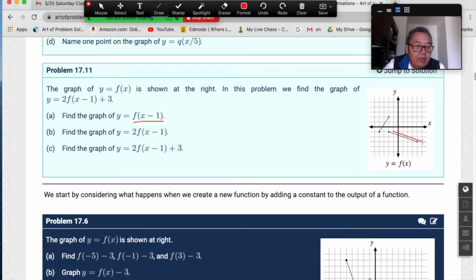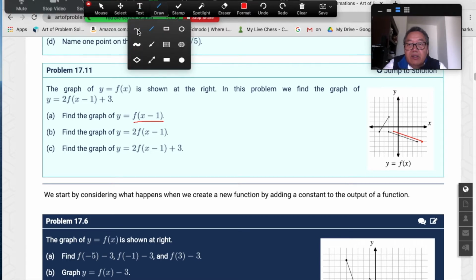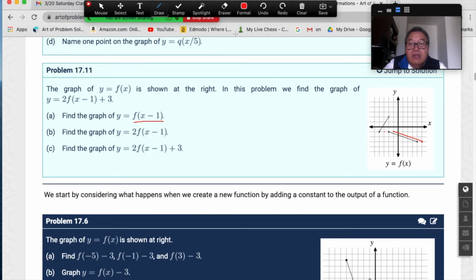That will be this part. Now this one you move 1 unit to the right side. This one is open. Then you connect these 2 points.